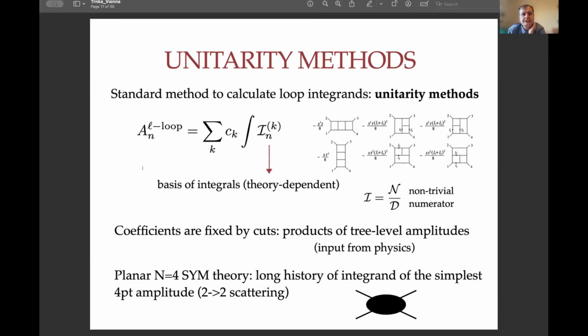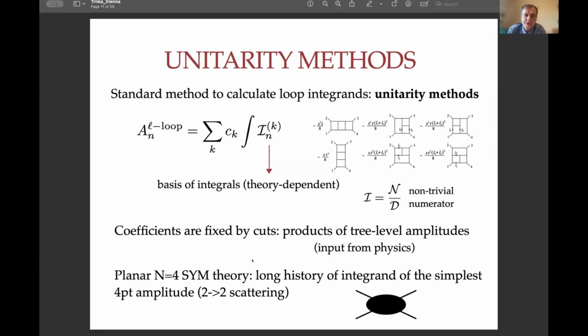Now, these C coefficients are kinematical coefficients, which in the context of unitarity methods we then fix by the method of cuts. So they become products of tree-level amplitudes, something that we input from the theory, from physics.